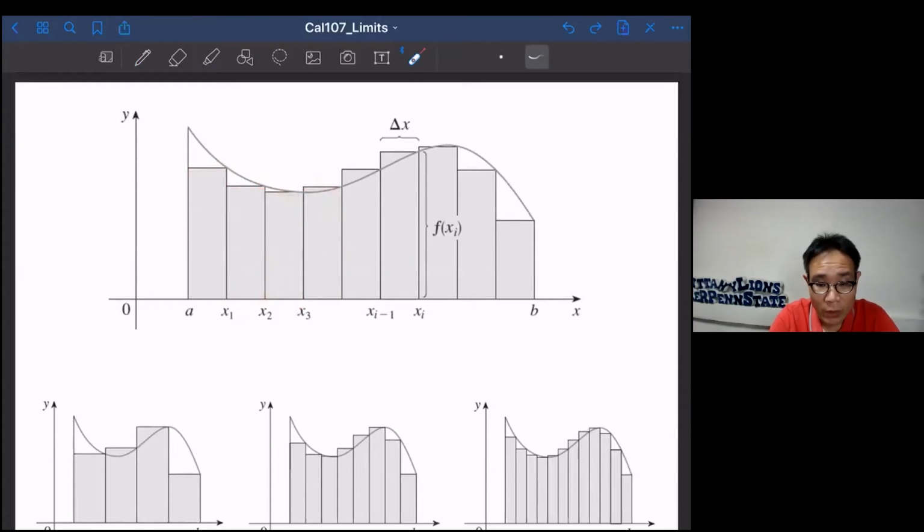The area of the rectangle is basically the width times the length. Okay. And then you're going to have some error: the area that you're not including here, and some extra area around here.